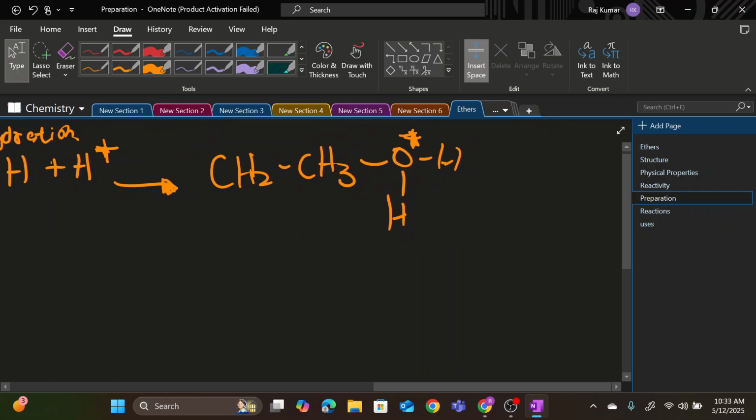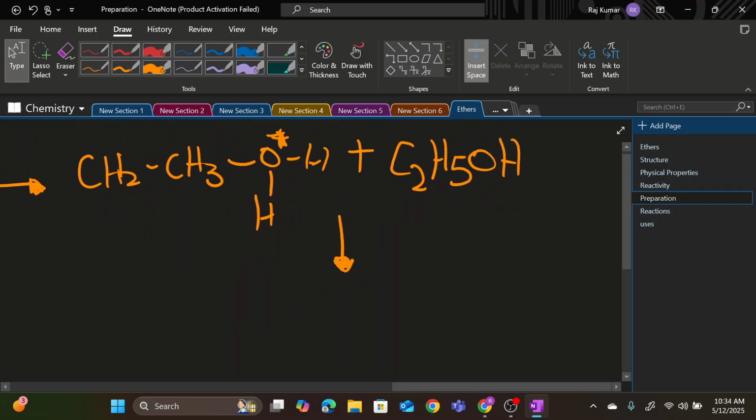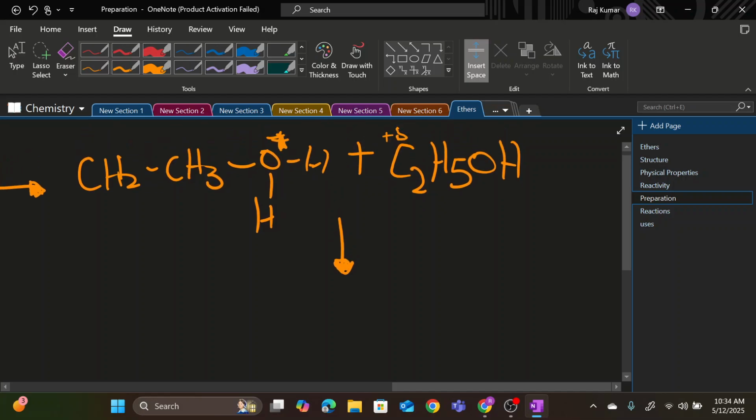Now what actually happens is this oxonium ion, in the second step, reacts with a nucleophile. What is that nucleophile? I take C2H5OH, ethyl alcohol, another ethyl alcohol molecule. That ethyl alcohol will act as the nucleophile, and the alpha carbon, being partially electropositive, will act as the electrophile.